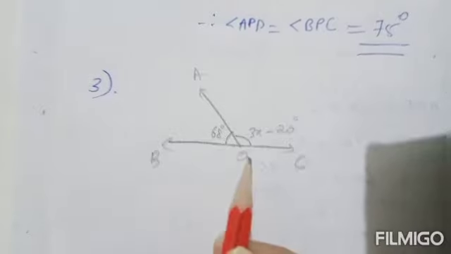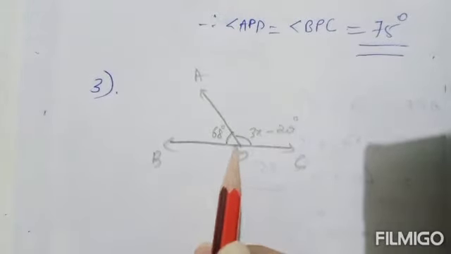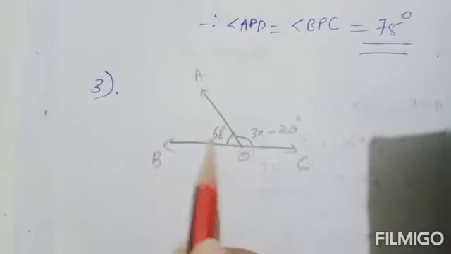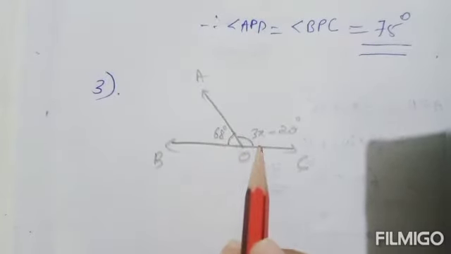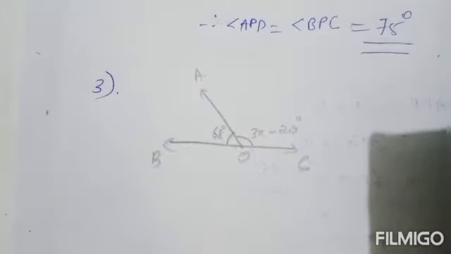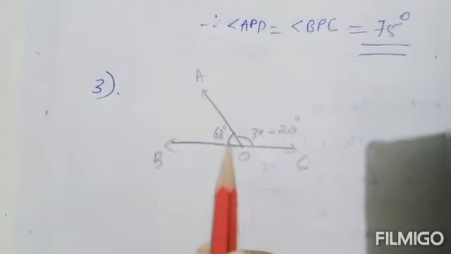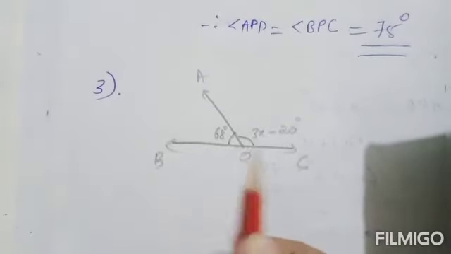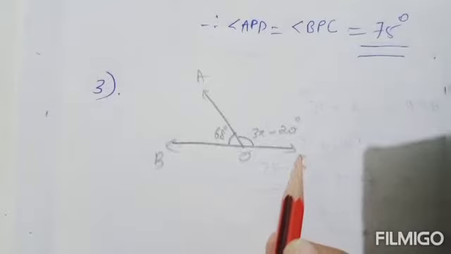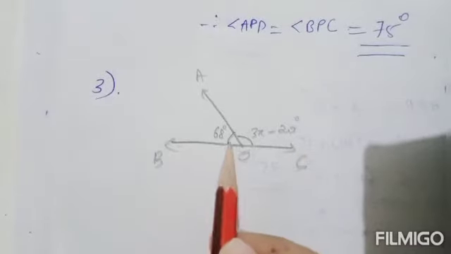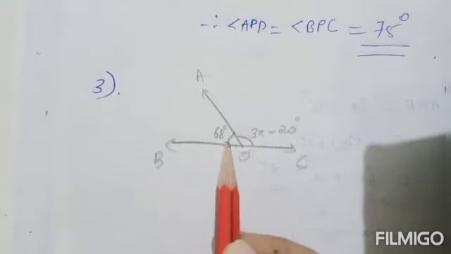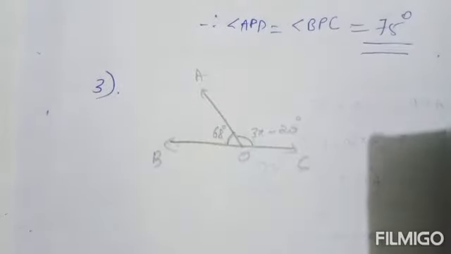So by property 2, if the exterior arms are on the same straight line, then the sum of the angles will be 180 degrees. OB and OC form a straight line, as the question says. So by property 2, the sum of the adjacent angles will be 180 degrees.